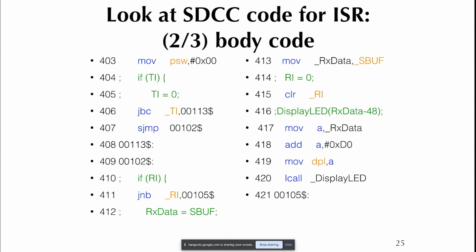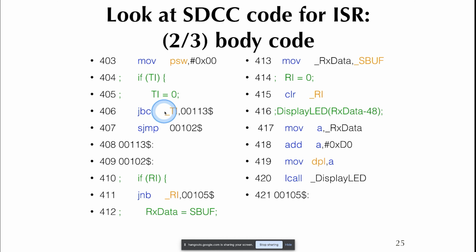Now we're getting into the body of the code, because your listing will also show what your C code looks like. So it does the move of immediate 0 into PSW. If Ti is true, it means not 0, that means the bit is set, then do this.